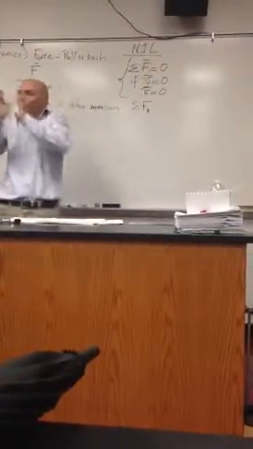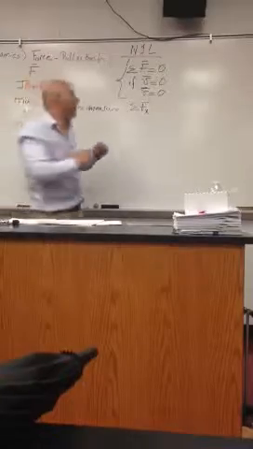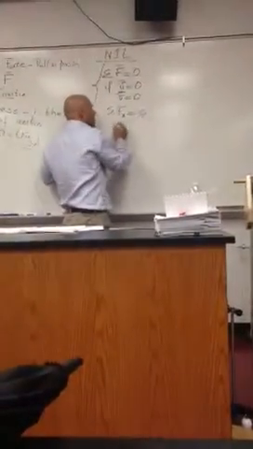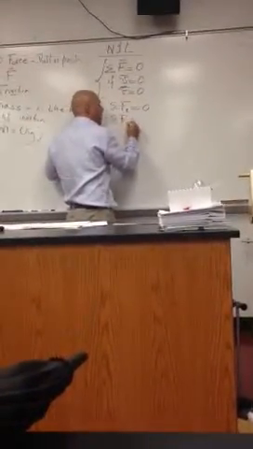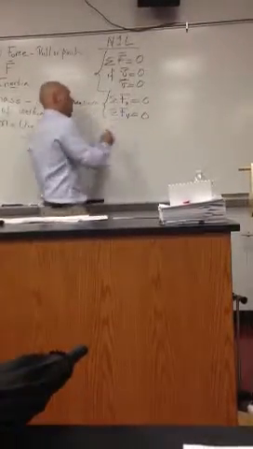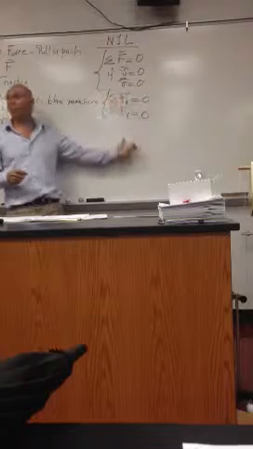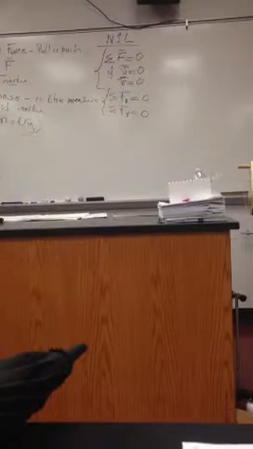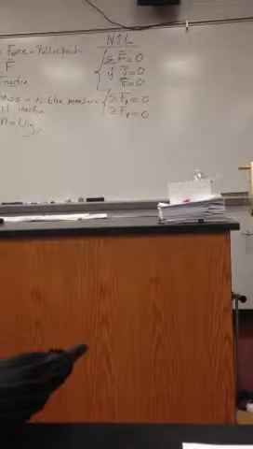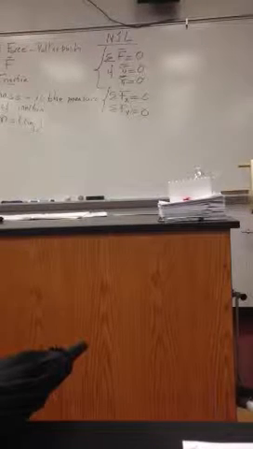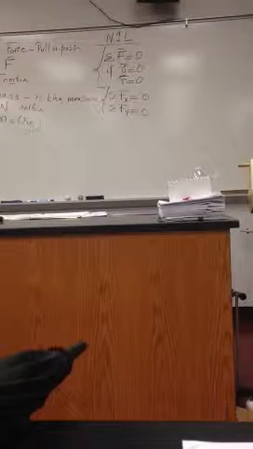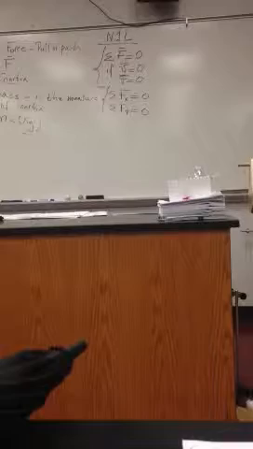We can separate the components. So the net force along X can be equal to 0, and the net force along Y can be equal to 0. It will be easier to solve problems working with the axes independently, X and Y, like we did in kinematics. Good, Newton's first law of motion.